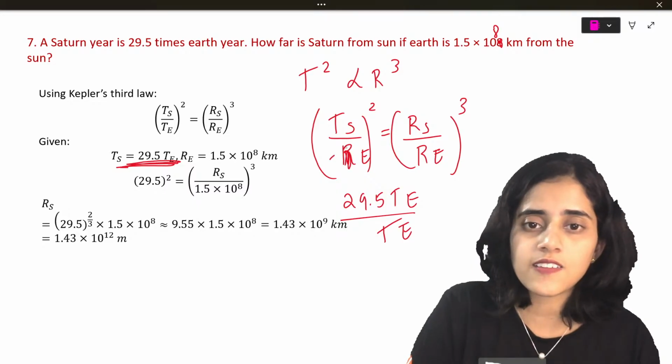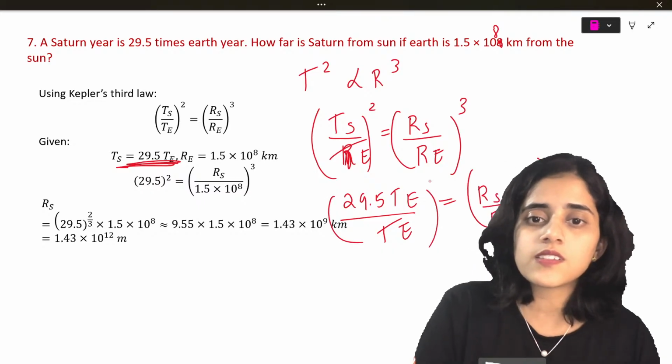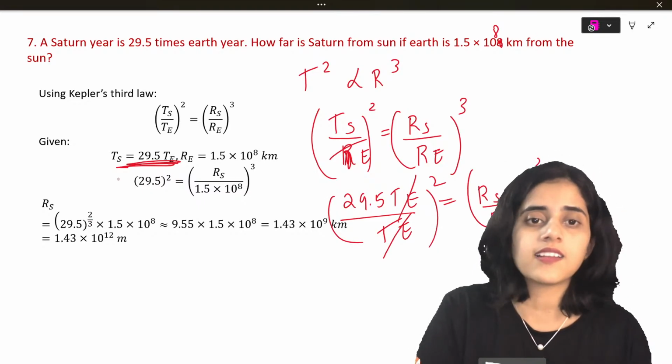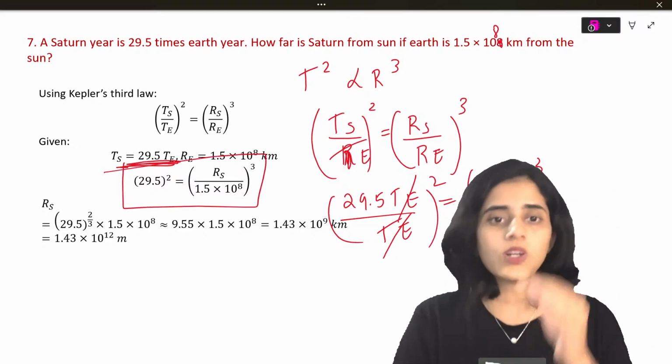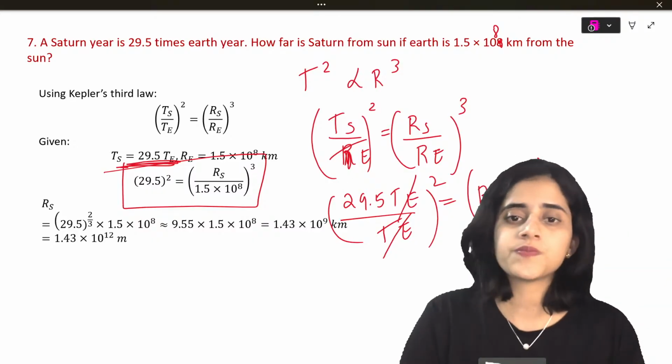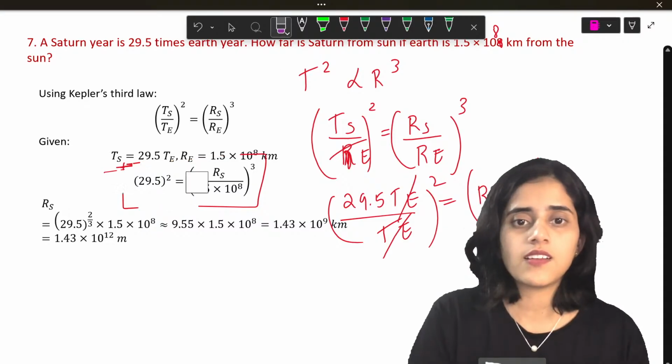This is Ts by Te is equal to Rs by Re. This is cube. This is square. Te cancel. That's how I get this. So I'll get 29.5 square is equal to Rs by Re cube. Okay. Rest is very easy mathematics that you can do.